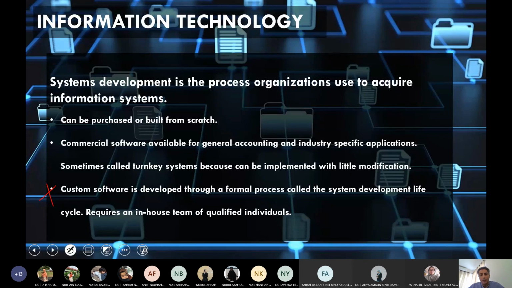For mining and petroleum companies, there is accounting software to handle that. For banking, there is software available in the market for that. So there is no need to waste time and effort building an in-house qualified team to build an accounting information system from scratch.